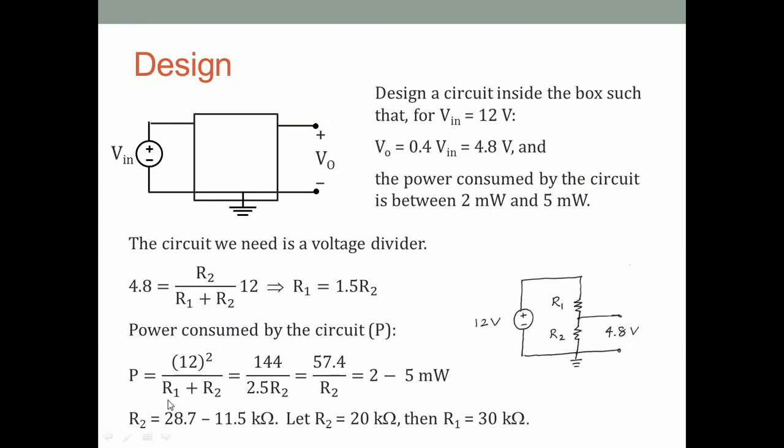So this is 12 squared by R1 plus R2, which is 144 divided by 2.5 R2, because R1 is equal to 1.5 R2. And we are told that this quantity must be between 2 and 5 milliwatts. So if we find R2, then we get R2 must be between 28.7 and 11.5 kilo ohms.